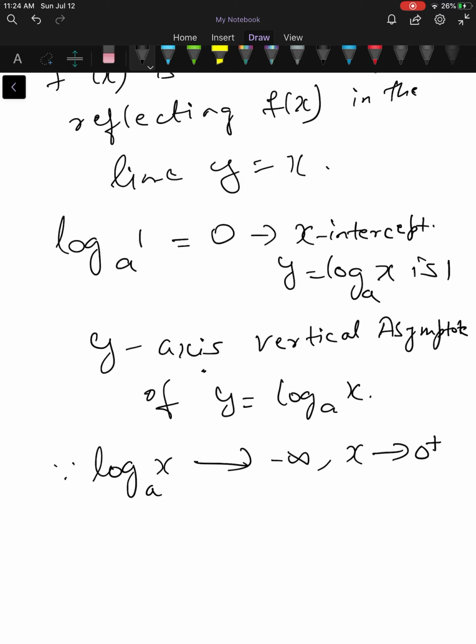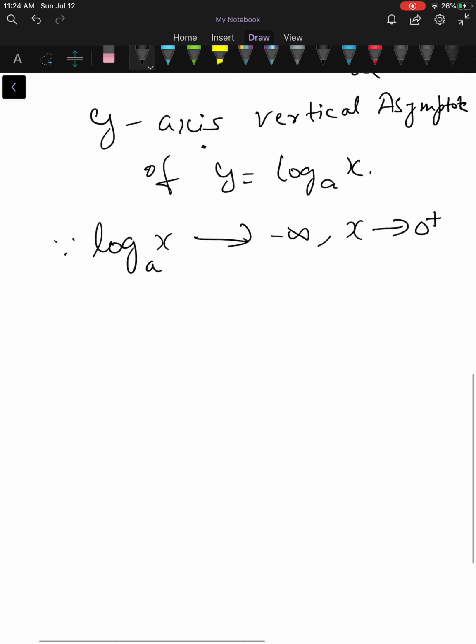There are many methods that we learned to graph a function, and all the methods apply here. First is graphing a logarithmic function by plotting points.